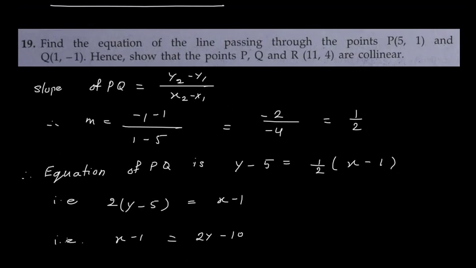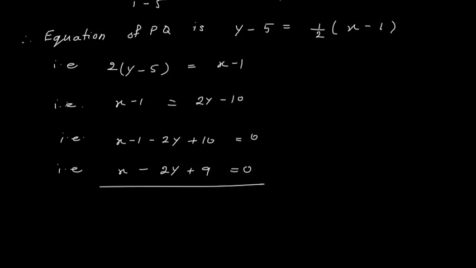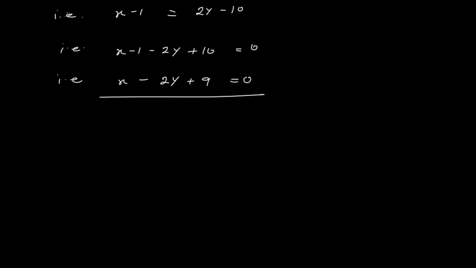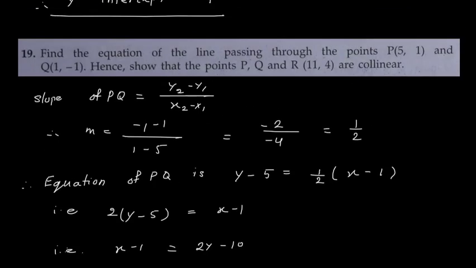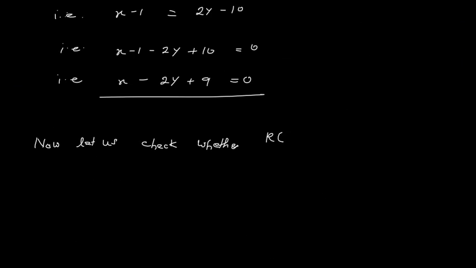Now we have the equation of PQ. I have to check whether point R, which is 11 comma 4, also lies on this line.